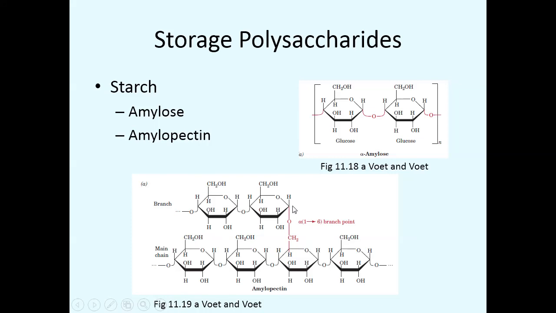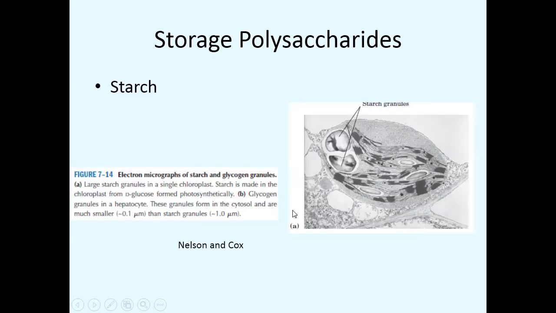Amylose is unbranched, however amylopectin contains branches. In the figure you can see the starch granules present in the plant cells. Plants synthesize glucose through photosynthesis. Excess of this glucose is stored in the form of starch.